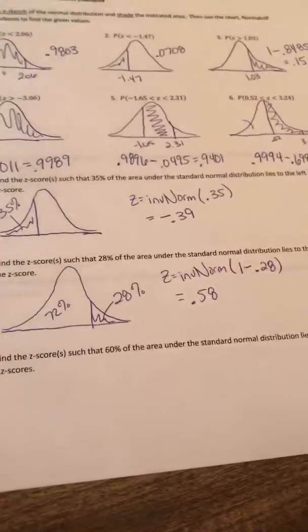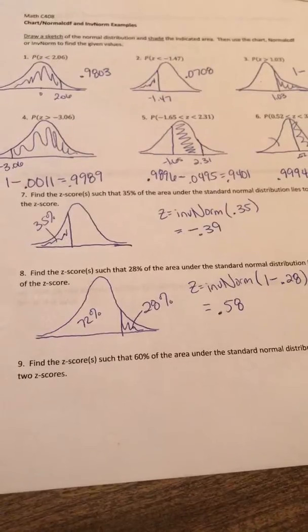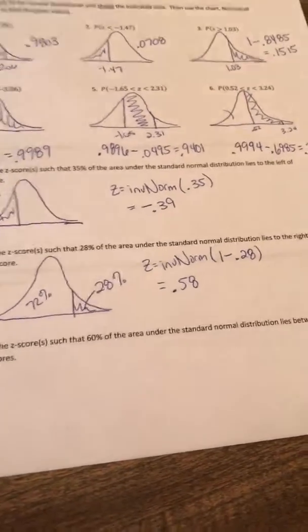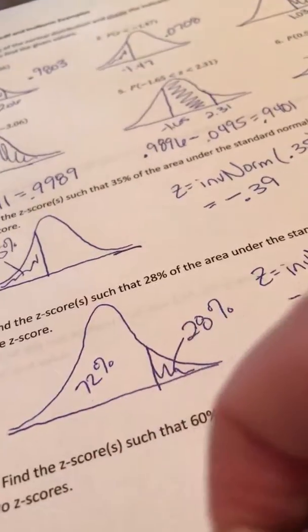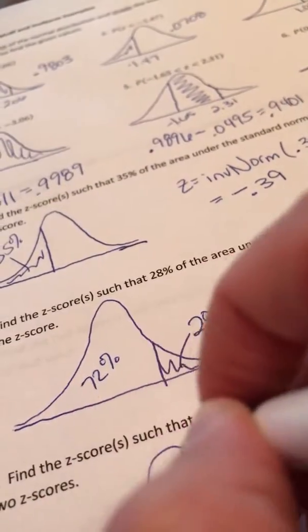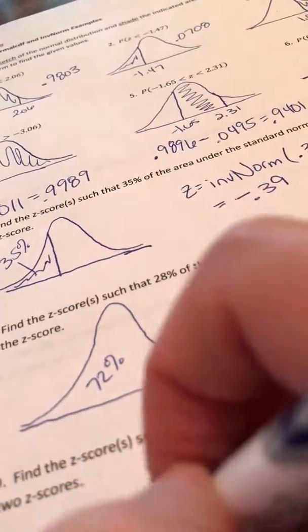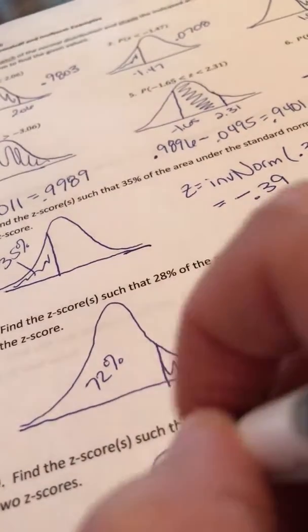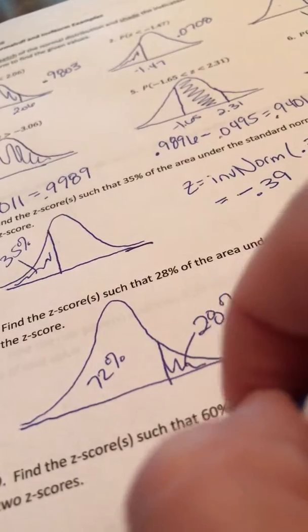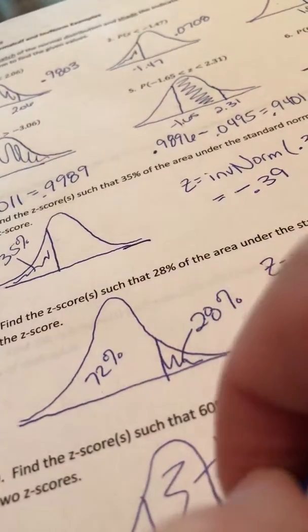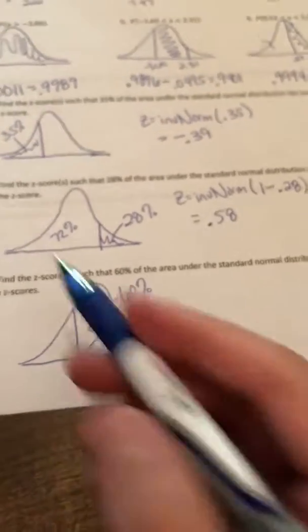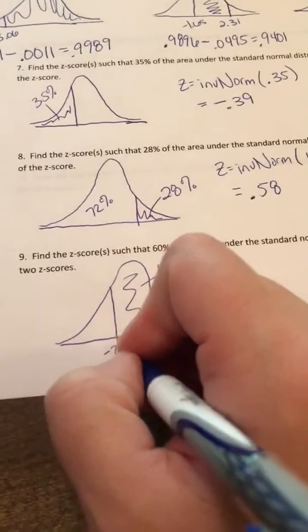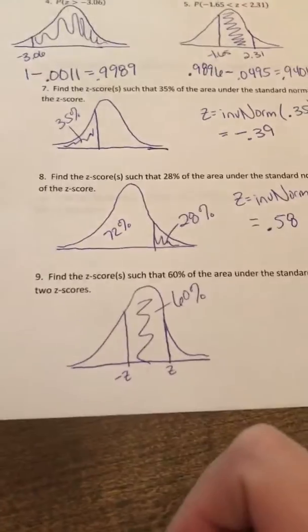And then the last one on this page, find the z-score such that 60% lies between the two values. I'll hold my paper down here. That one was kind of ugly, but if you want between two z values, remember it's symmetric, so this will be negative z and this will be positive z.